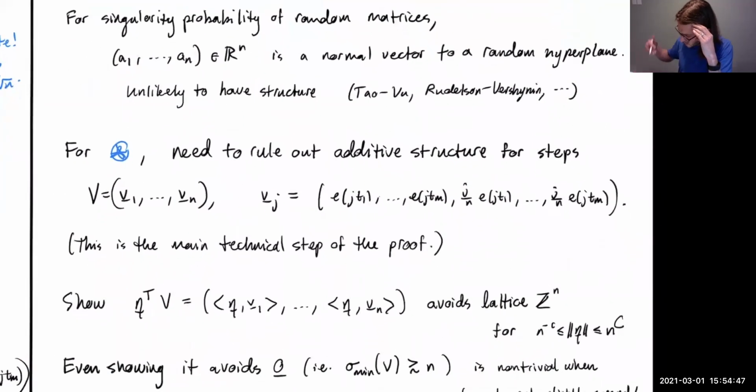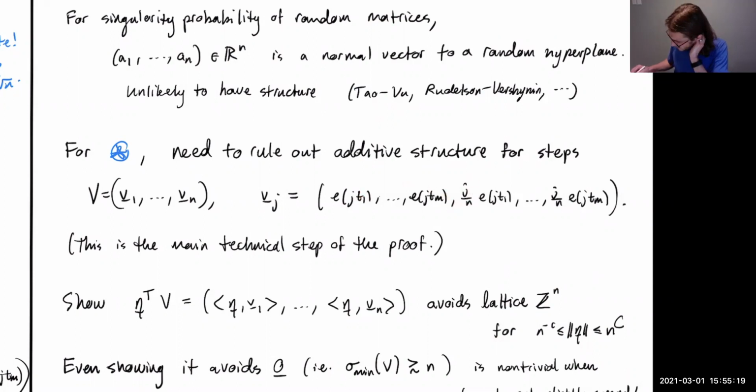For us, our steps are not a random vector in any sense. This is just a deterministic collection of vectors. But they behave pseudo-randomly, because these points, T1 up to Tm, have this smoothness condition. And so the joint distribution of these characters, when you evaluate at these different times, mix very quickly, and so they end up behaving independently.